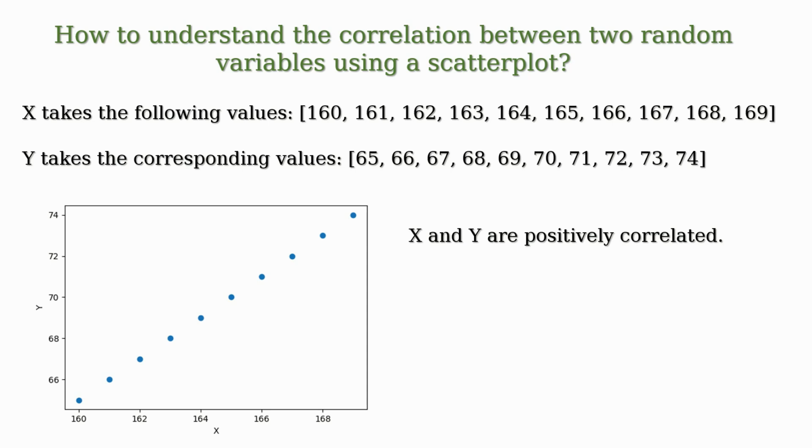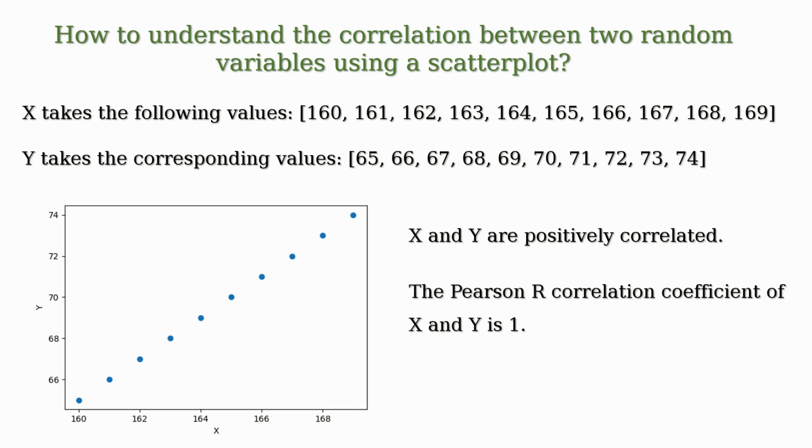In other words, capital X and capital Y are positively correlated. At this point, if we calculate the Pearson-R correlation coefficient between capital X and capital Y, we will see that the Pearson-R correlation coefficient of X and Y is 1.